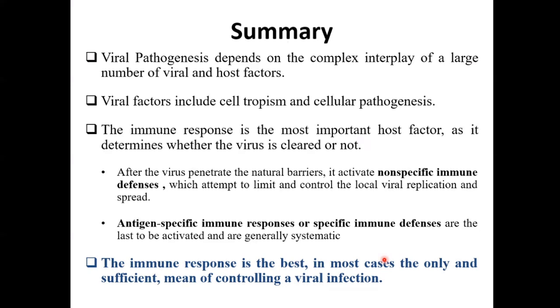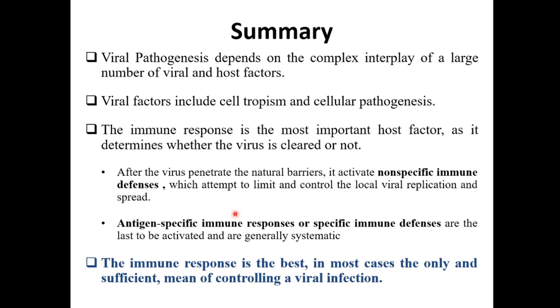So that means how the cells are susceptible and what mechanism the viruses use to induce disease. The immune response is the most important host factor to determine whether the virus is cleared or not. Bivuze ko immune system ariyo ishobora guclearinga viruses.